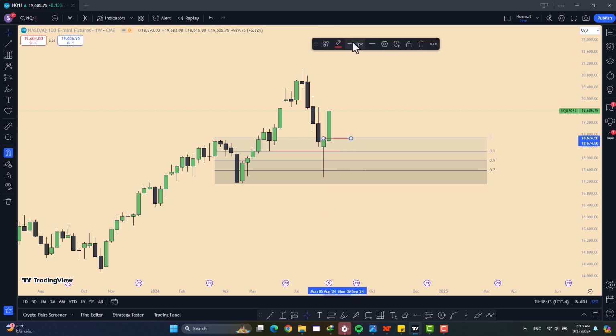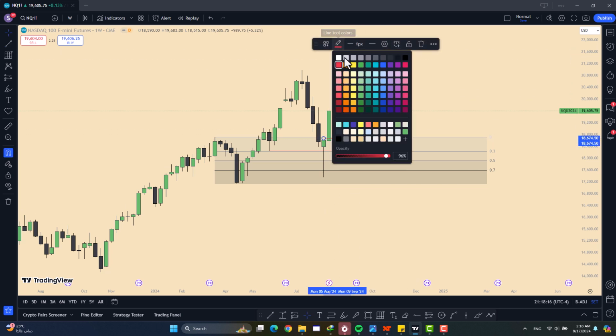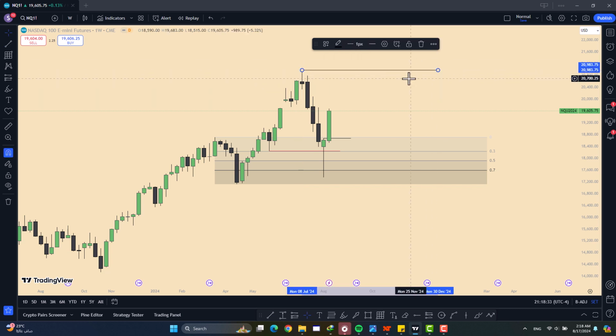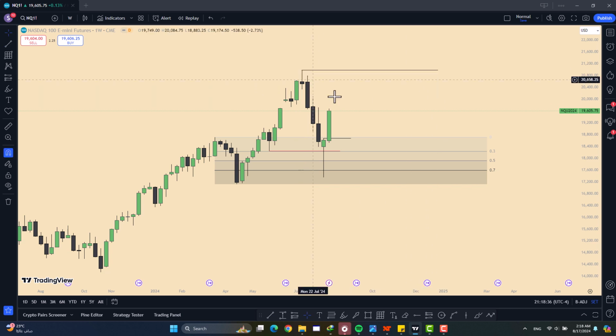So in the upcoming weeks, we're either going to see a continuous run to the upside to take this high, or maybe a rejection, a pullback into this whole range, and then another push to the upside. But this is the target, the all-time high. By just looking at this huge rejection and failing to close below this low from last week, we can expect the current week to be expansion higher.